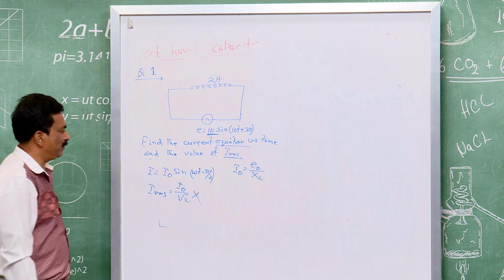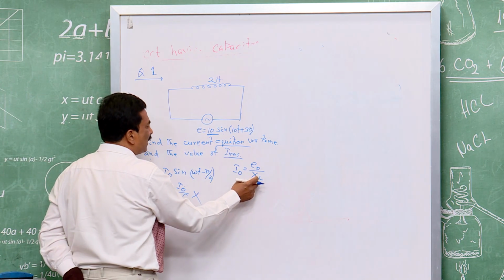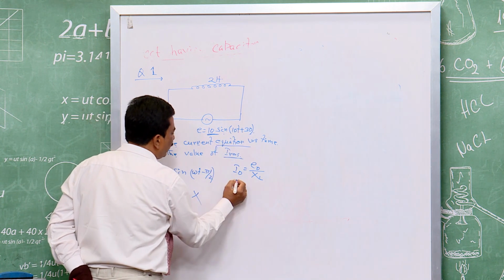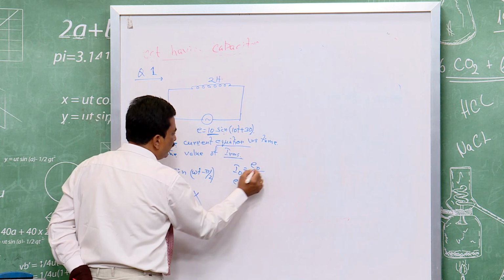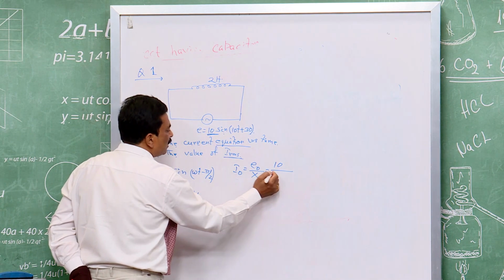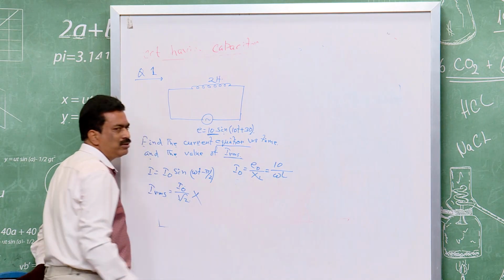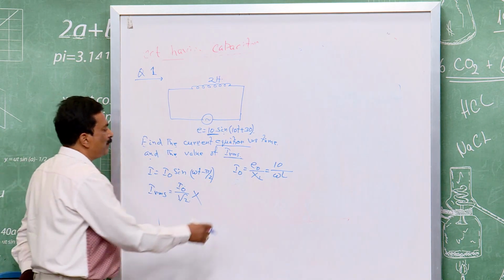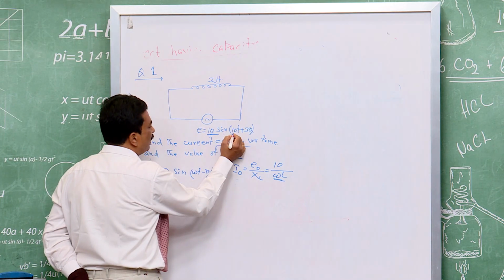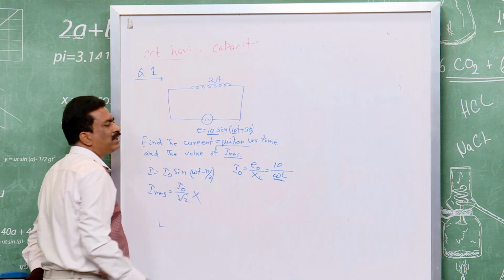Go through the problem. If this is E0 by XL, here E is 10 sin of this. So, what will the E0 value be? E0 is equal to 10. What is XL? XL is equal to omega L. So, omega means the frequency. What is the frequency you see here? That frequency is equal to 10.